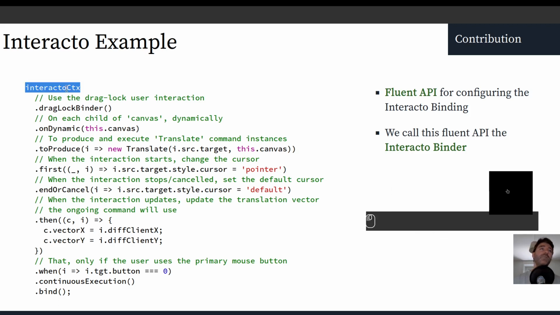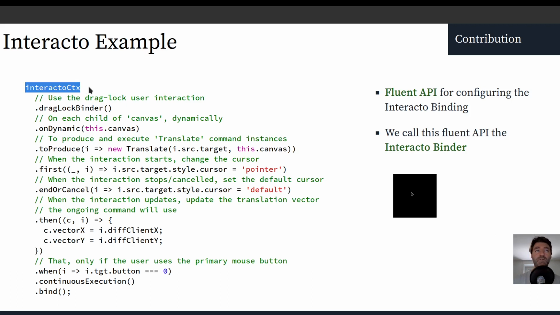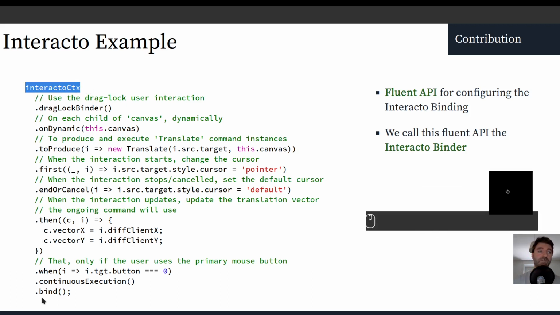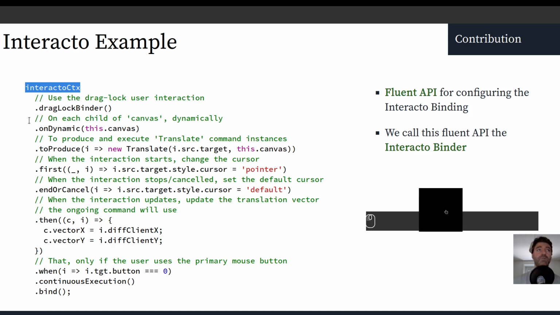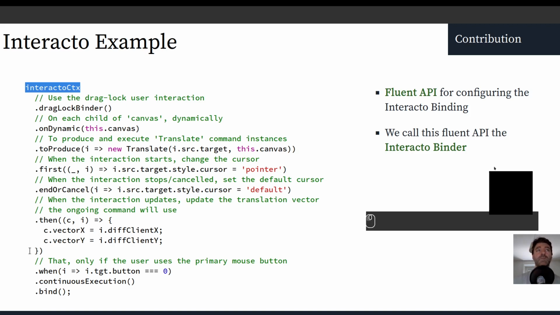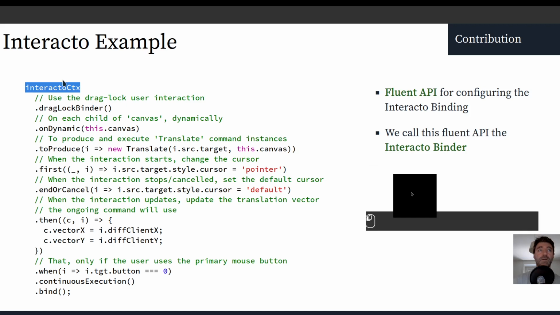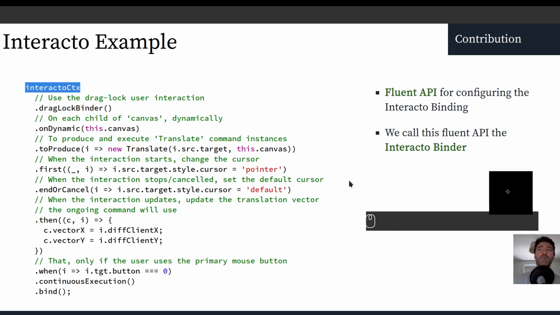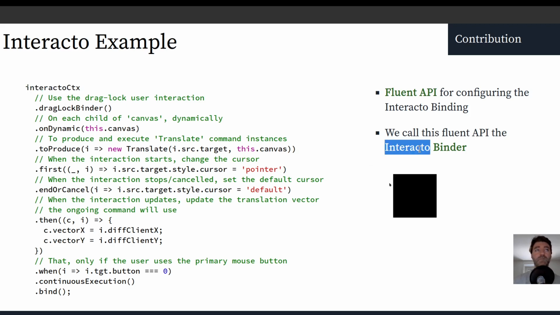So we start with the Interacto context, and we can see there is a Fluent API used to configure the Interacto binding. This Fluent API, we call it Interacto binder.